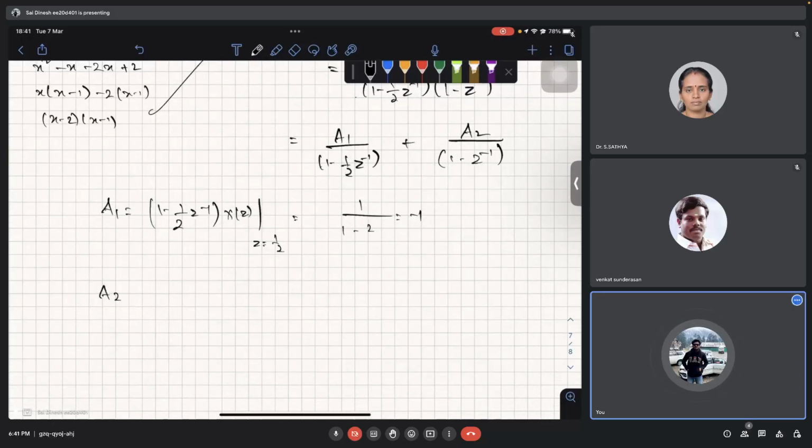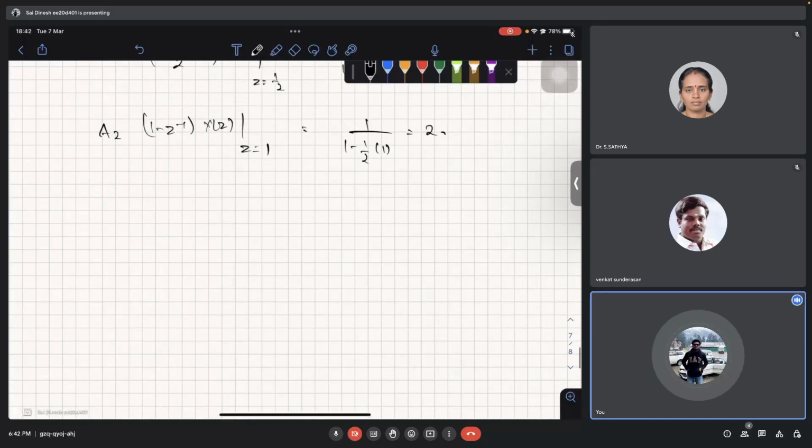And then a2 will be 1 minus z inverse into X(z) at z equal to 1, which is equal to 1 minus half into 1, which is equal to 2. Therefore X(z) is 2 by 1 minus z inverse minus 1 by 1 minus 0.5 z inverse.